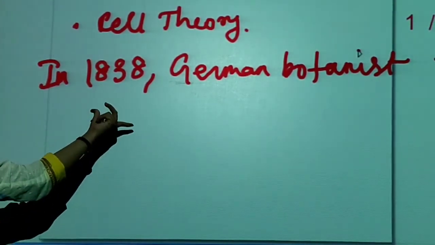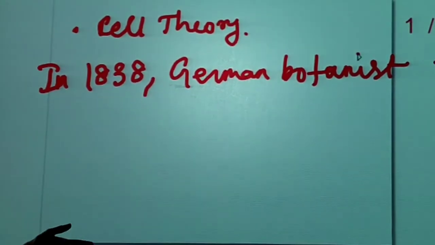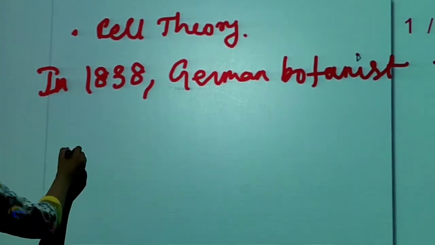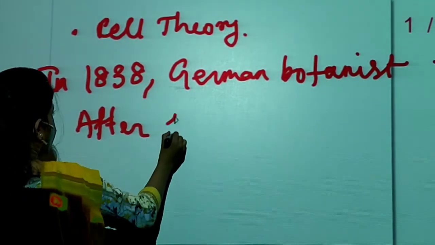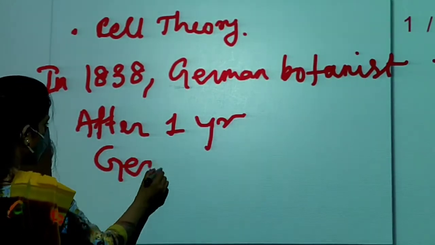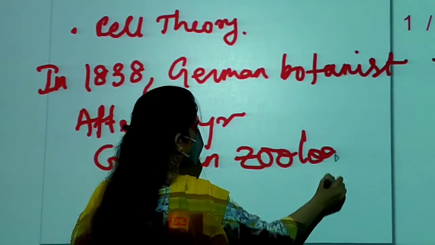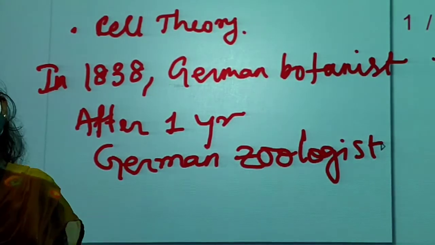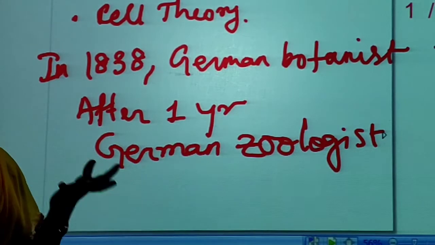Just after 1 year of his discovery, another German zoologist discovered that all the animals are also made up of cells, and that all plants and animals are made up of cells, which perform the various necessary functions of living organisms.